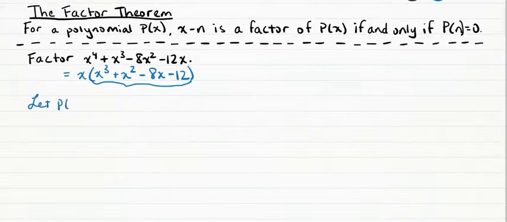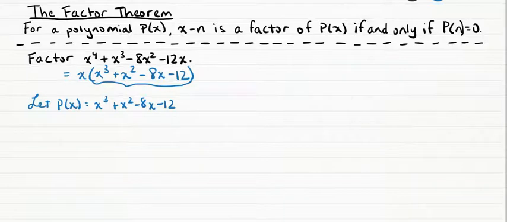Let p of x equal the cubic polynomial x cubed plus x squared minus 8x minus 12. And if we can factor that cubic polynomial, then we know that the final factored form of this quartic polynomial is x times the factored form of the cubic polynomial.